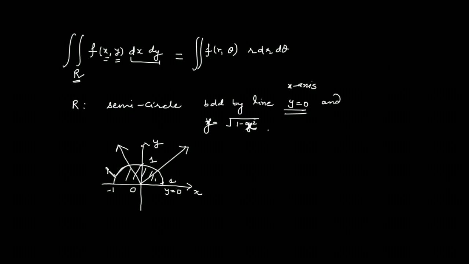Here the value of r is 1. So the limits for r will be 0 to 1, and theta is moving from here to here. Here theta is 0, then 90 degrees, then pi. So theta is 0 to pi. So in this way you can write down an equivalent integral of Cartesian in polar.